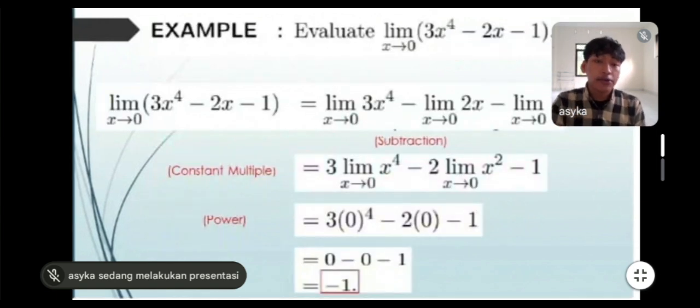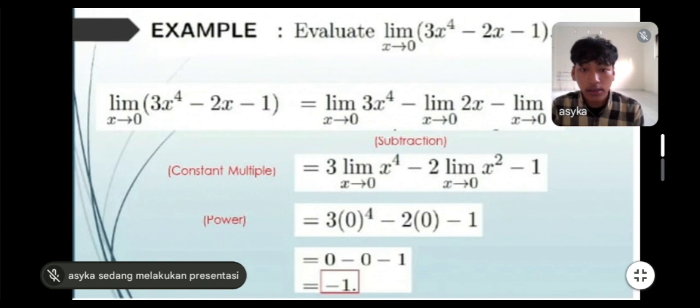Example, evaluate the limit as x approaches 0 of 3x to the power 4 minus 2x minus 1. We can answer: the limit as x approaches 0 of 3x to the power 4 minus 2x minus 1 equals the limit as x approaches 0 of 3x to the power 4, minus the limit as x approaches 0 of 2x, minus the limit as x approaches 0 of 1.